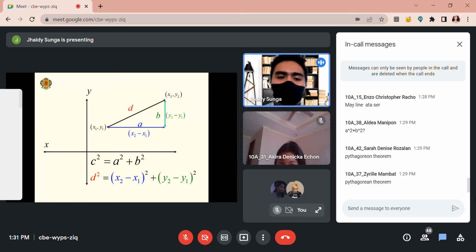If you notice, we could also write that as d squared equal to delta x squared plus delta y squared. So that will be the formula.